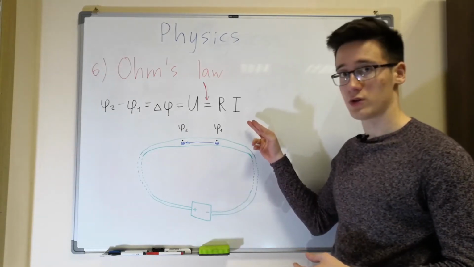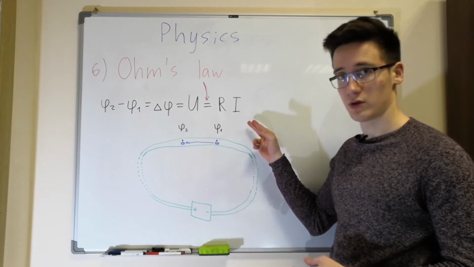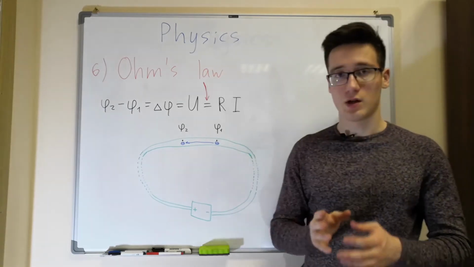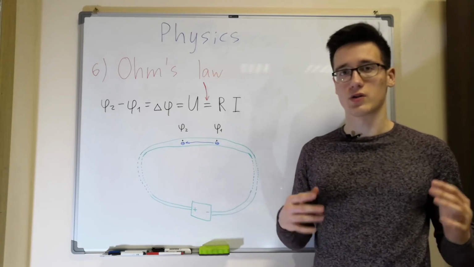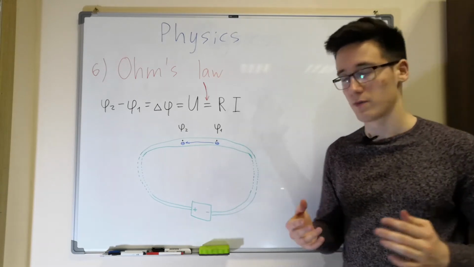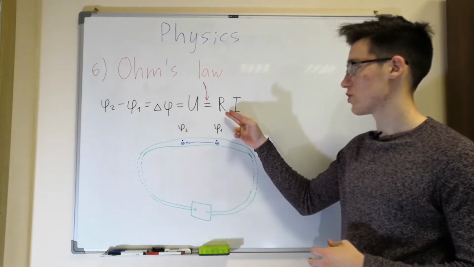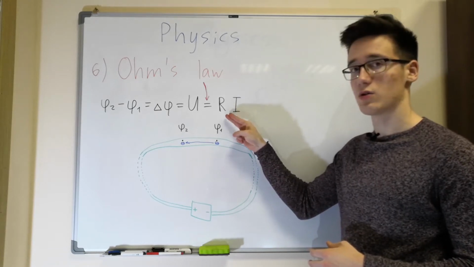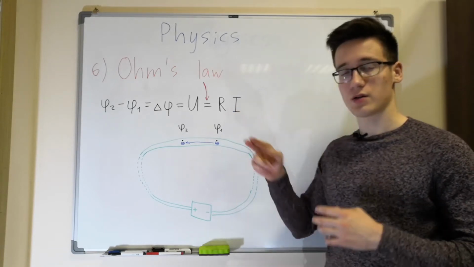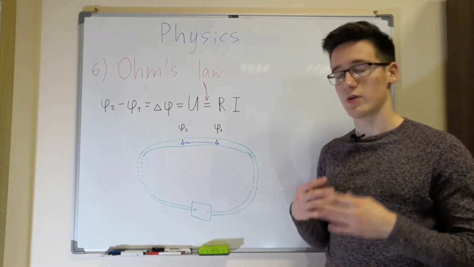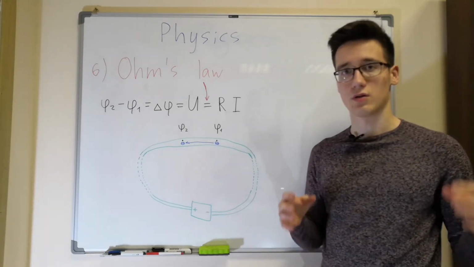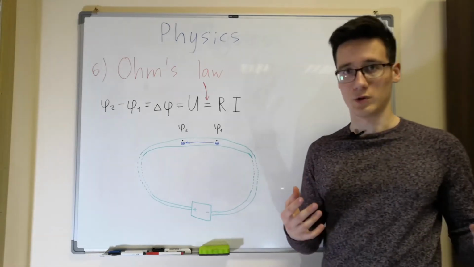It is also called the intensity of current, which is basically the speed with which electrons travel inside the wire. The proportionality coefficient right here is called resistance, and the longer the wire, the greater will be the resistance, and the shorter the wire, the less it will be.